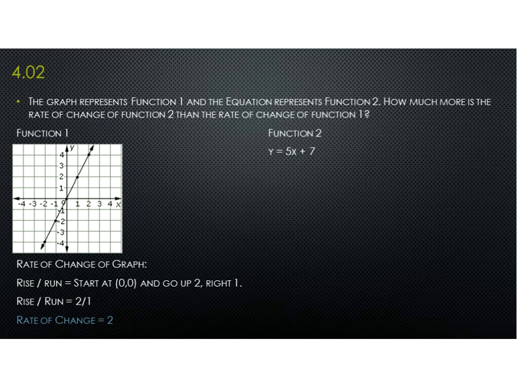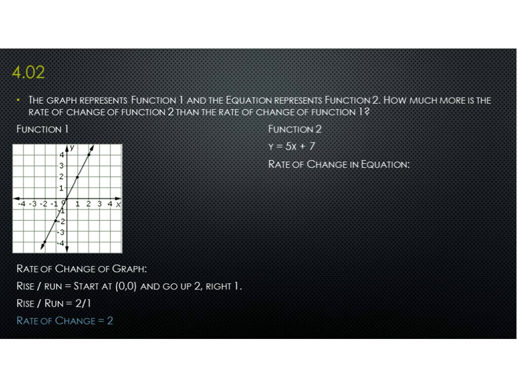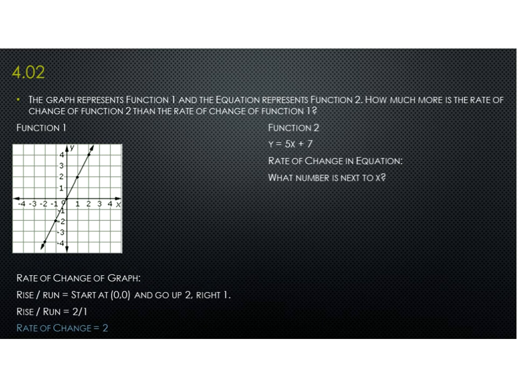Now, looking at our function for the equation of number 2, there's an easy way to tell what your rate of change is in an equation. You just have to ask yourself, what number is next to x, or what is the coefficient of x? Looking at this equation, what number is that? Go ahead and type it in the chat box.